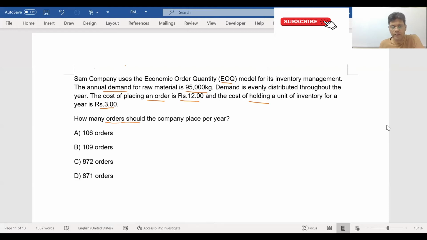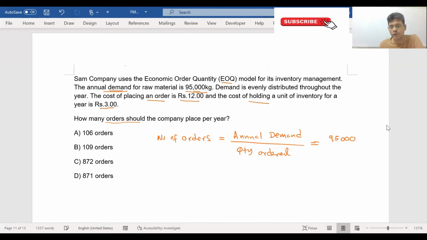Basically, the number of orders is calculated based on your annual demand divided by the quantity ordered. So this is how you calculate, and then you will get the number of orders. Now in this question, the annual demand is given. Annual demand is 95,000.